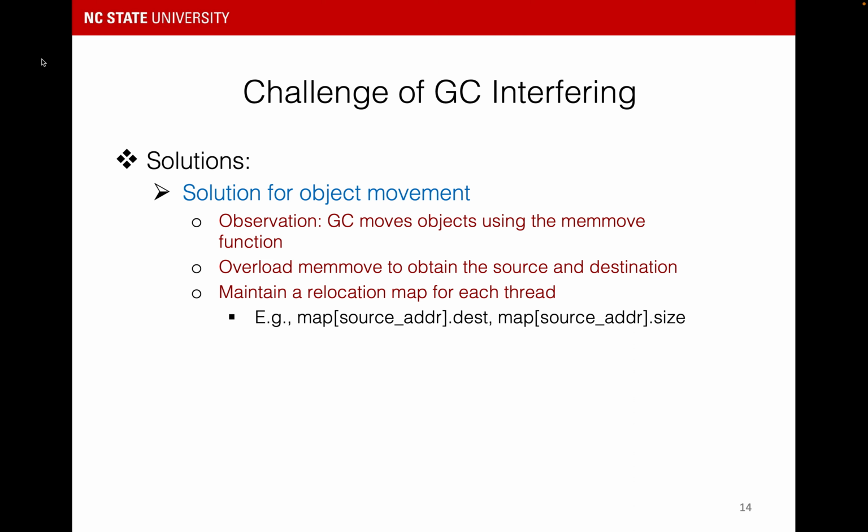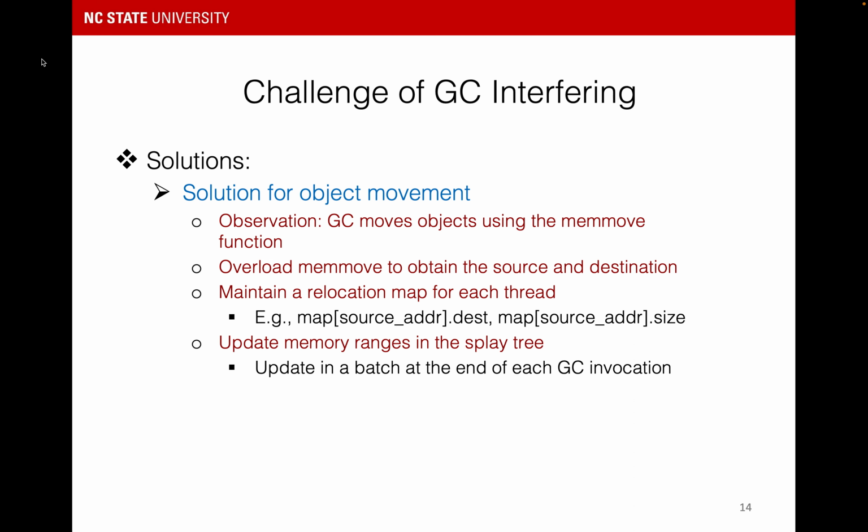However, updating the splay tree upon each memory move invocation is costly. So instead, DJXPerf creates a relocation map for each thread to record the moved objects. In the relocation map, the key is the object source address, and the values are the destination addresses and the object set. We then update the objects in the relocation map in a batch at the end of each GC invocation.